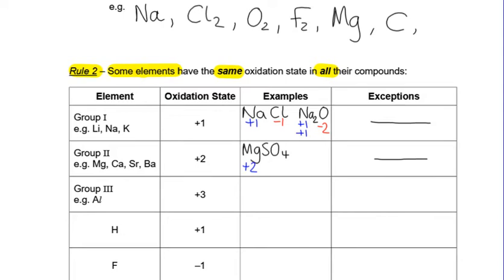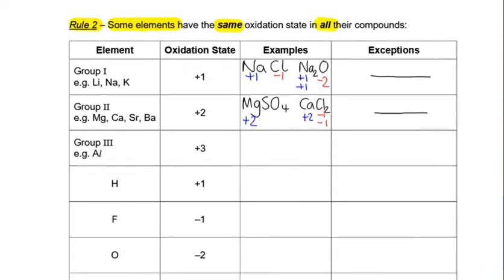If we look at something like calcium chloride, the calcium is always +2, and each chlorine in that is -1. The group 3 elements that are metals are always +3, say in aluminium chloride or aluminium oxide. There are no exceptions to that.